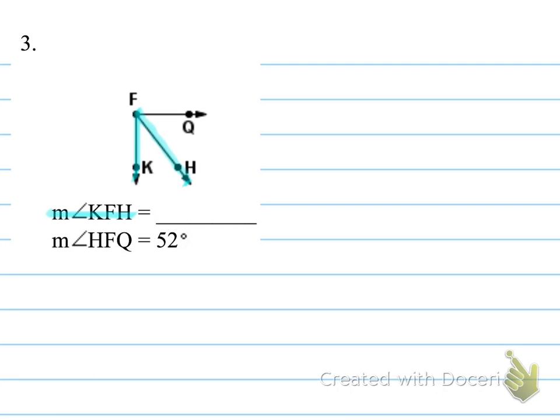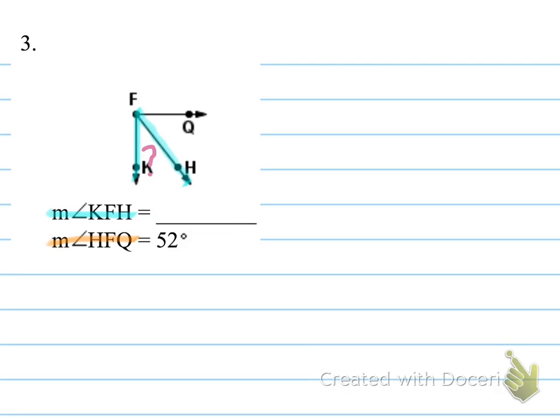Now we don't know what it is, so I'm going to put a question mark. I used a different color, but you can go ahead and use the same one. That doesn't matter. Now we need to label the other angle, and that angle is angle HFQ.